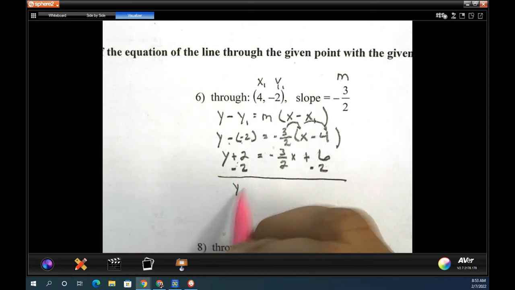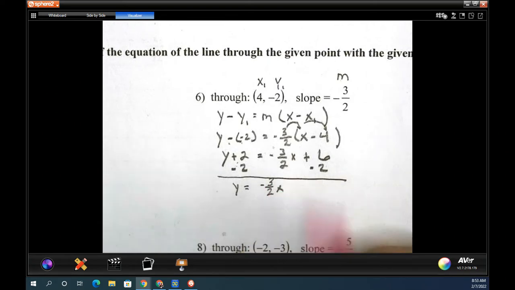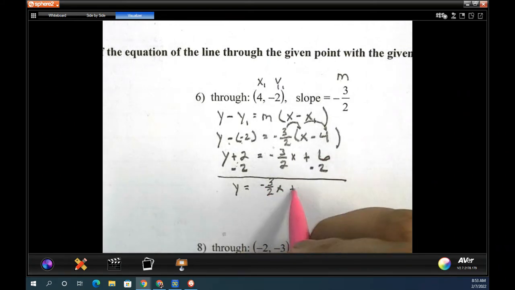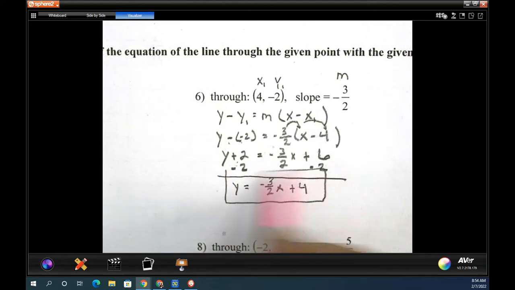So that becomes y equals negative 3 halves x. 6 minus 2 is 4. There's your answer. All right.